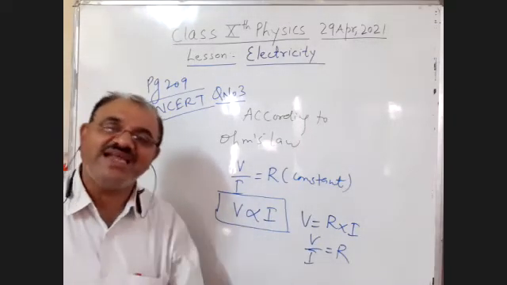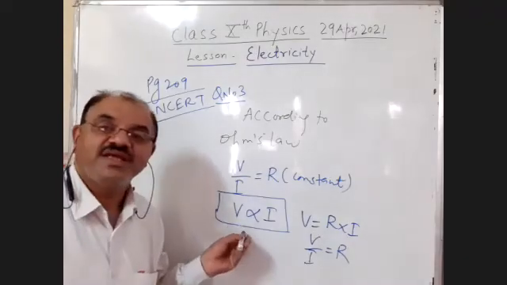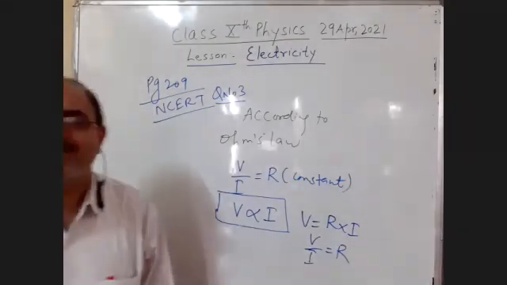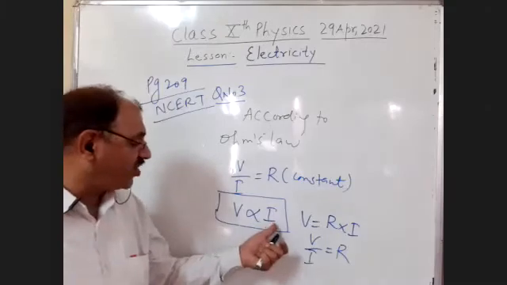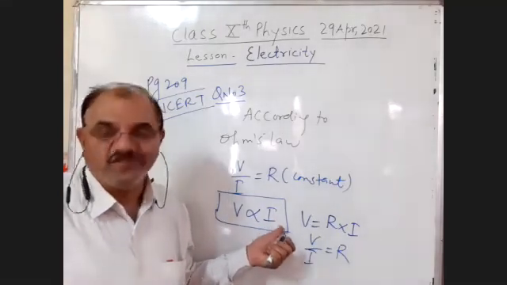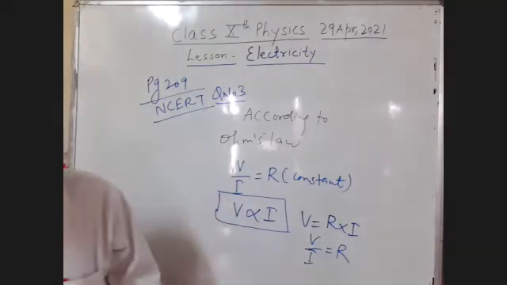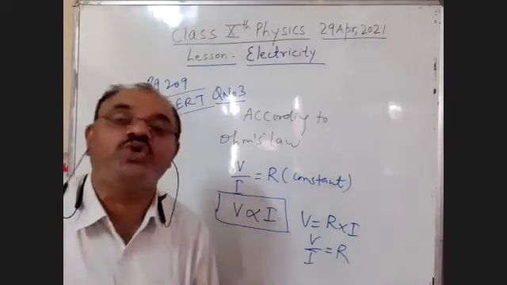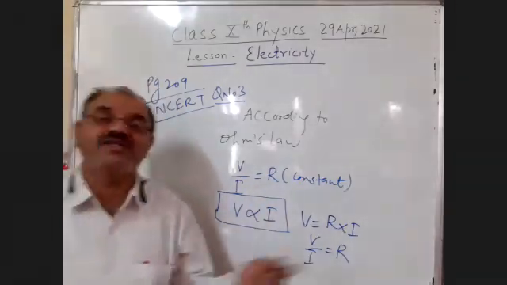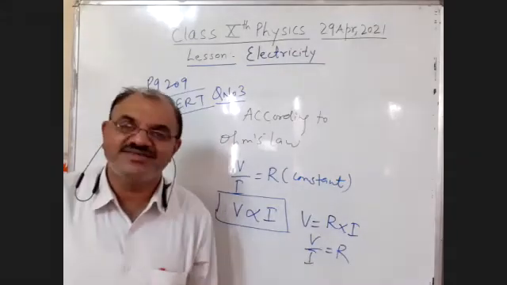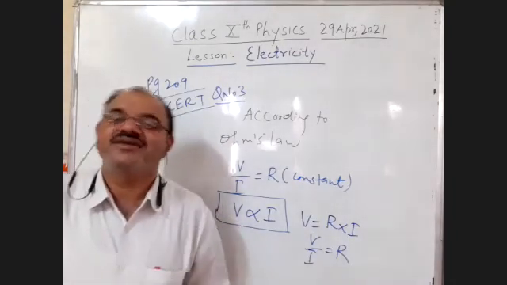If there is any change in the potential difference, simultaneously there will be the same change in the value of the current. Hence, students, if the potential difference is decreased to half, the current will also decrease to half. Reason: both are in direct relation.